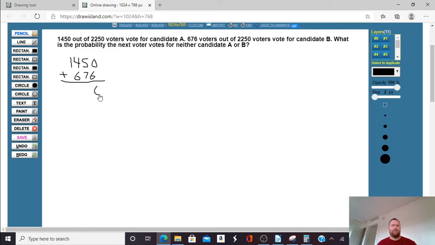So we get 2,126 voters that voted for either A or B. So that means that we're going to subtract that amount from the total voters to find out who didn't vote for A or B. That's going to be our good outcomes.